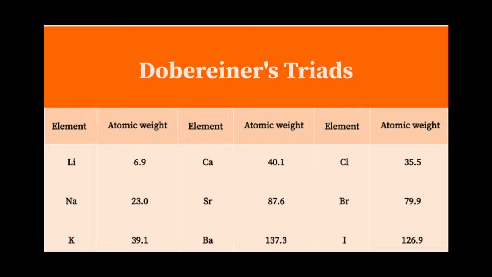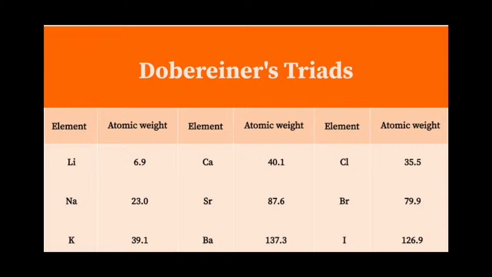Add the atomic masses of lithium and potassium, and the average gives the atomic mass of sodium. In the same way, in the other examples, the average of the atomic masses of chlorine and iodine is the closest to the mass of bromine.